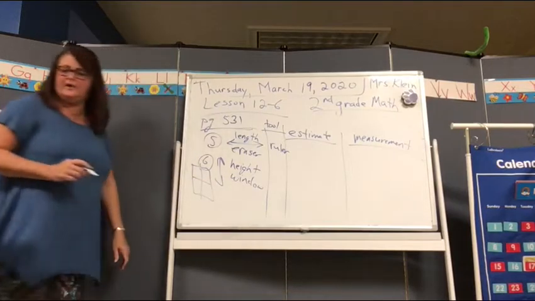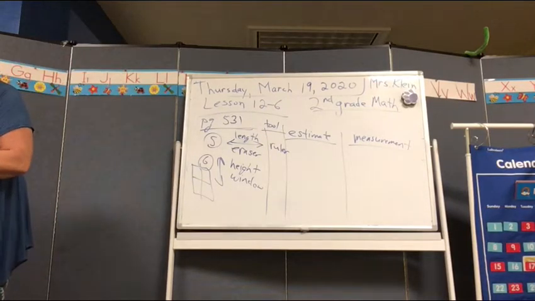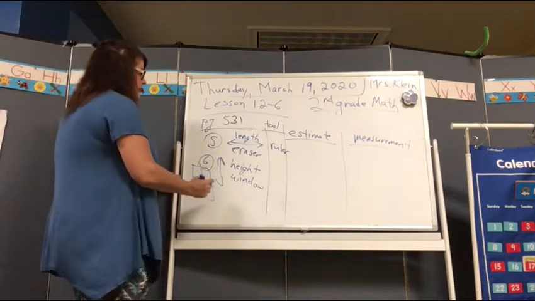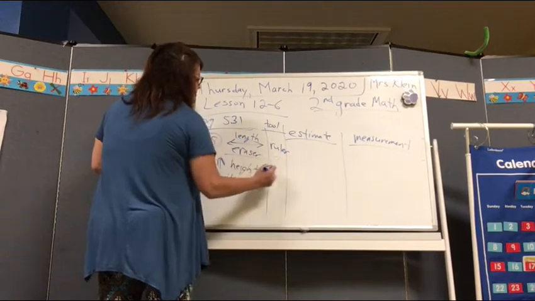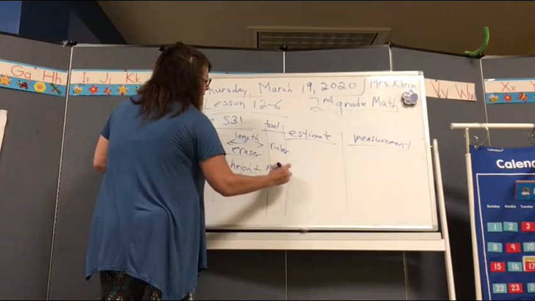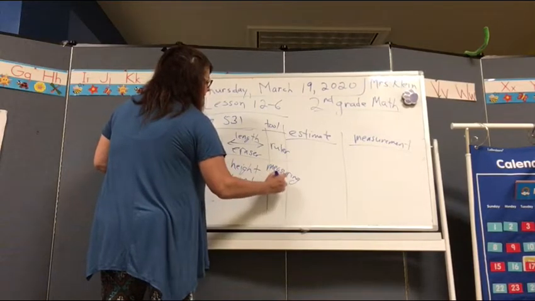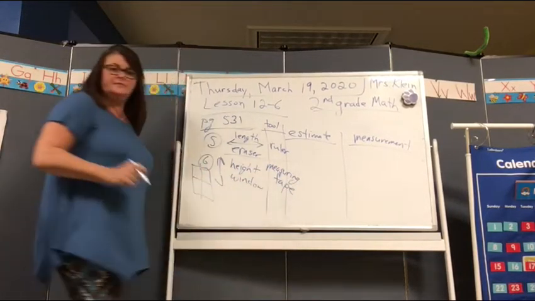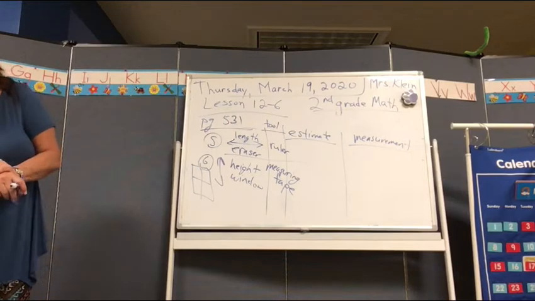So go to your window, and if I was you, the easiest tool to use would be a measuring tape. That would be the easiest tool to use to measure the height of a window.